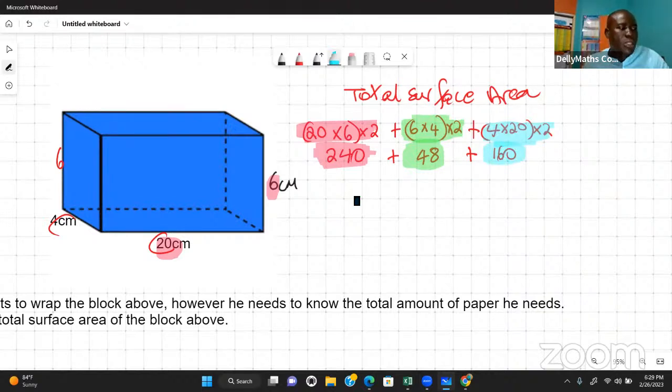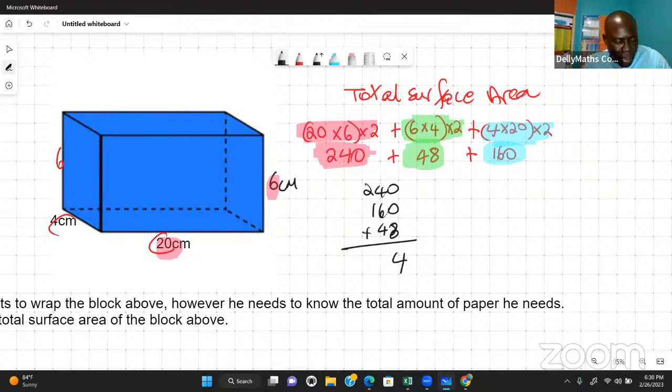So we're finding the surfaces, all of them, but the good thing is we have some twin surfaces here. So what we're going to do is add up these numbers. We want to add up 240 plus the 160 plus the 48. We want to add up all of these. When you add up all of those, then you have the area for the entire thing.